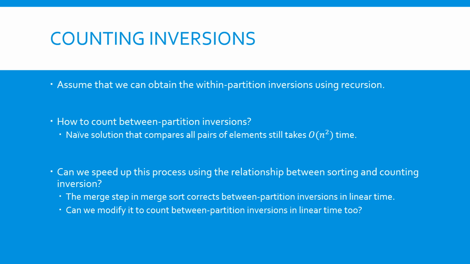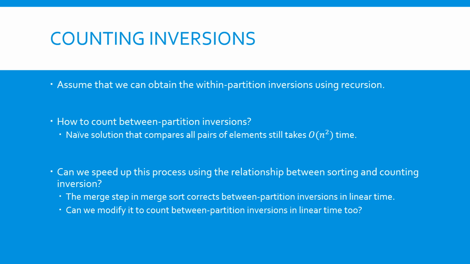Naively, we can compare all pairs of between partition numbers, but this approach will still require O(n²) time and would not lead to a faster algorithm. Now, recall the close relation between sorting and counting inversions, where sorting essentially rectifies all inversions.